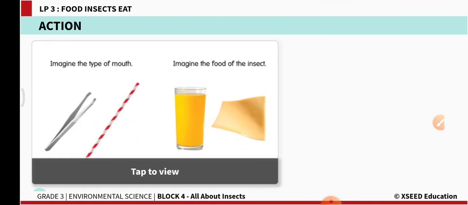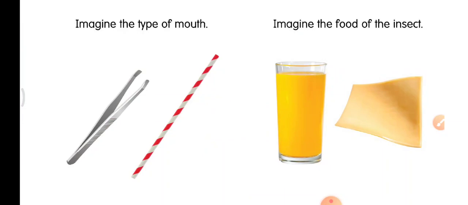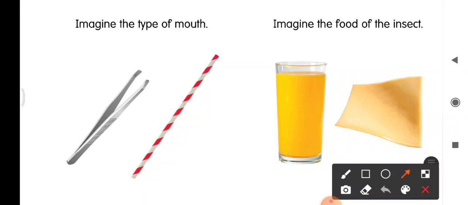We all know that with a straw, because already we have used straw before, it is very easy to suck the juice or take in the juice, whereas tweezers are used to eat food like the cheese slice, they can cut it and eat it.